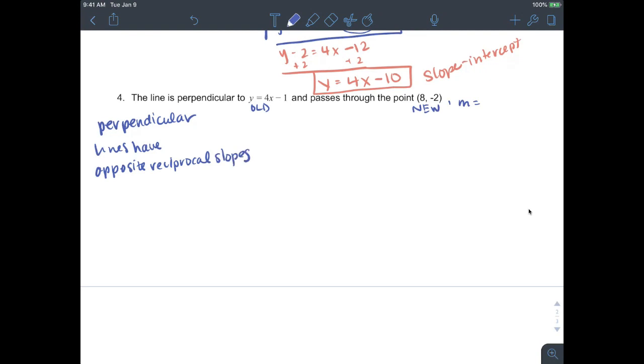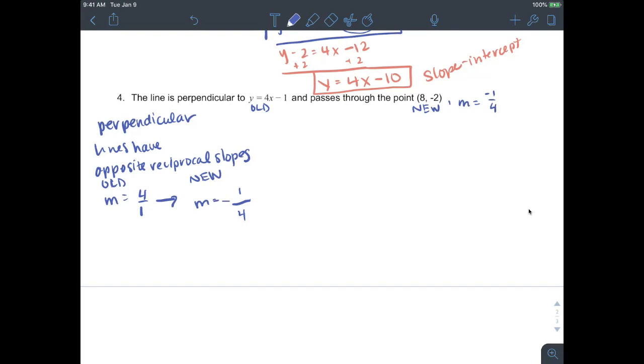If my slope is 4/1, the new slope will have the opposite sign. This original line was positive 4x, so we're going to be negative, and then the numbers reciprocate. So the 1 becomes the numerator, and the 4 becomes the denominator. So I can see I have a new slope of -1/4.